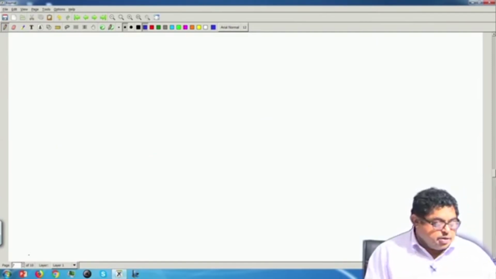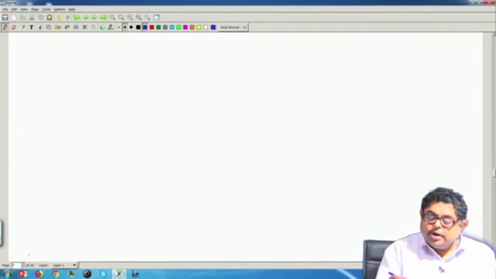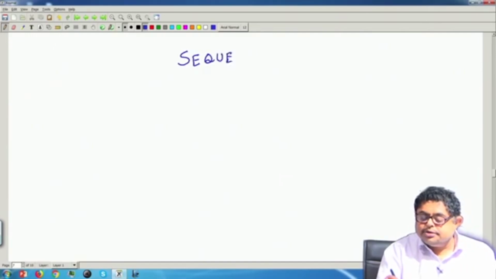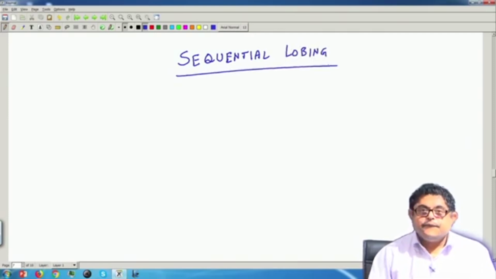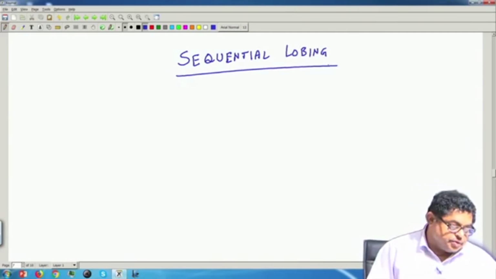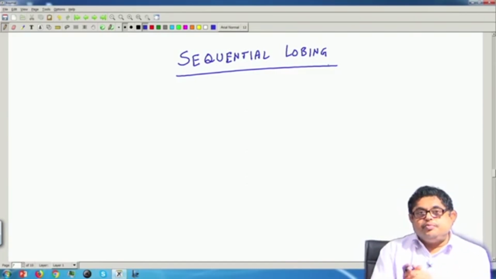I already wrote there that you have sequential lobing. So, we will discuss sequential lobing. You have two fixed beams.